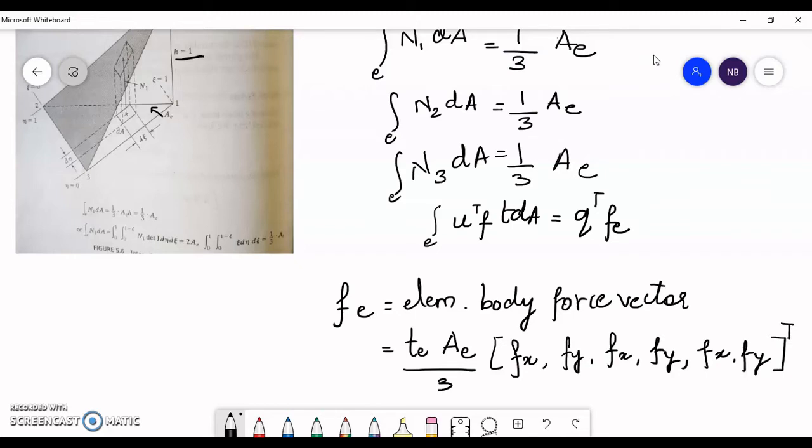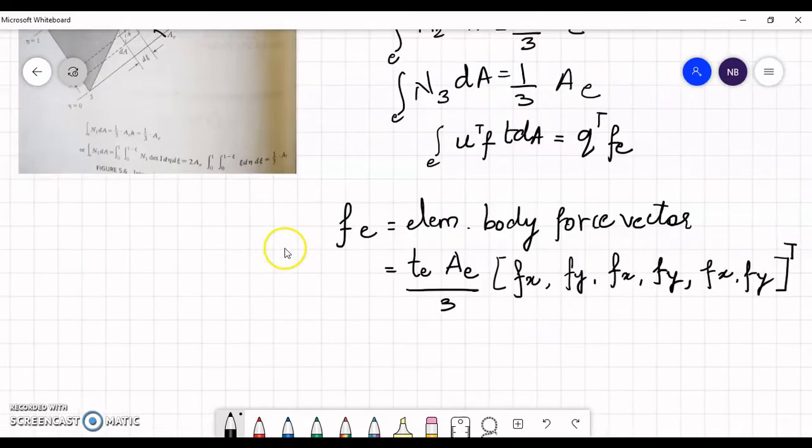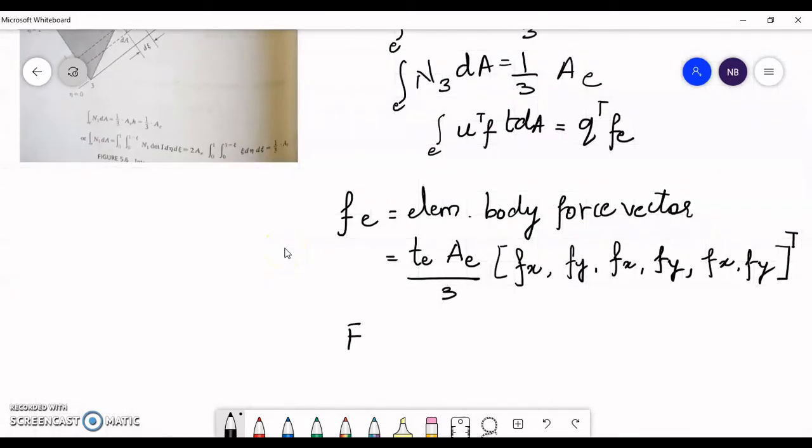So these element nodal forces contribute to the global load vector, which is denoted by F, and the connectivity of the elements needs to be established. So from the connectivity table we can get the global load vector F by adding up all the element body force vectors fe.